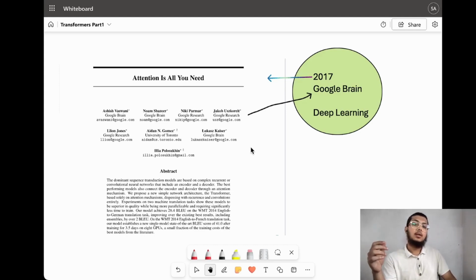This paper came from Google Brain, and this is the first paper where the transformer architecture was introduced and the concept of self-attention was introduced. So trust me, after the arrival of this paper, there was a revolution in the space of deep learning. Everyone's attention fell on this paper, and in the last 6 to 7 years, I don't know in how many places the transformer architecture has been used.